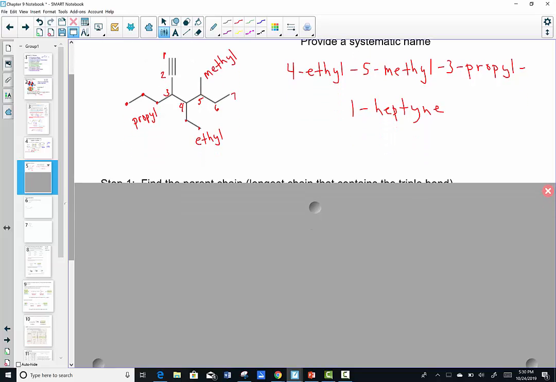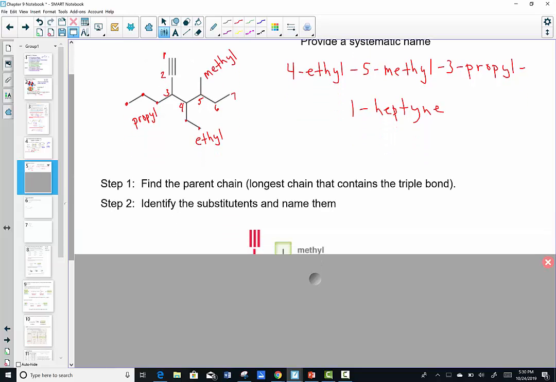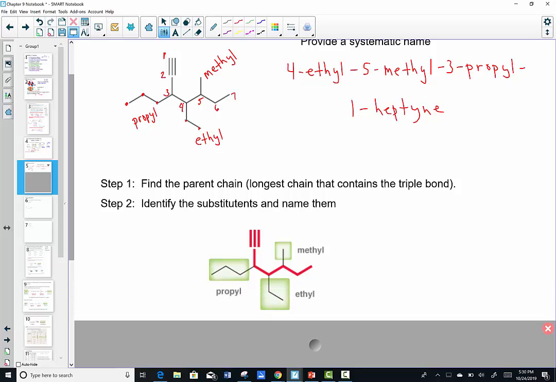Let's process together what we did. Step 1 and 2, we found the longest parent chain, and we numbered it, knowing that the number had to come from the triple bond being carbon number 1. That gave us the root word heptyne. We identified the substituents and named them. We found a propyl, an ethyl, and a methyl.